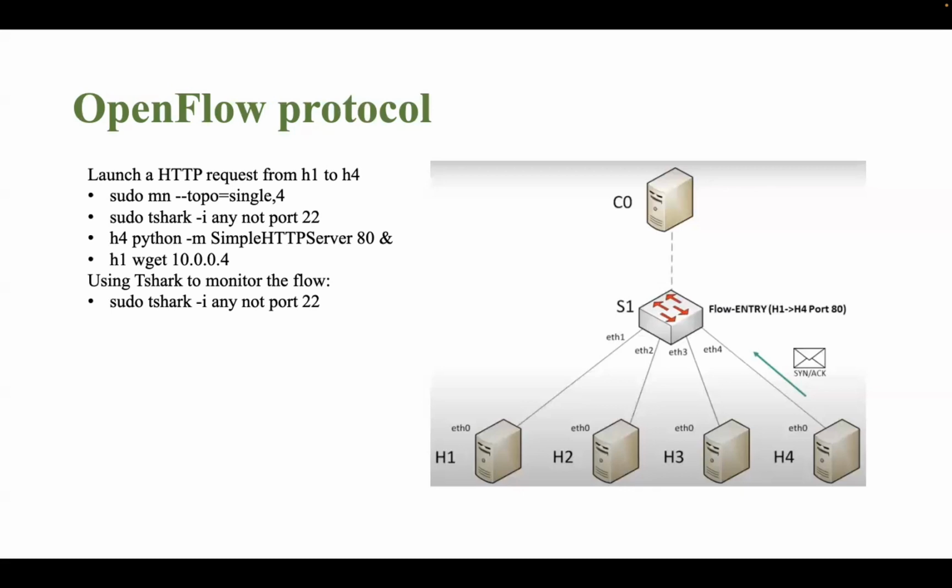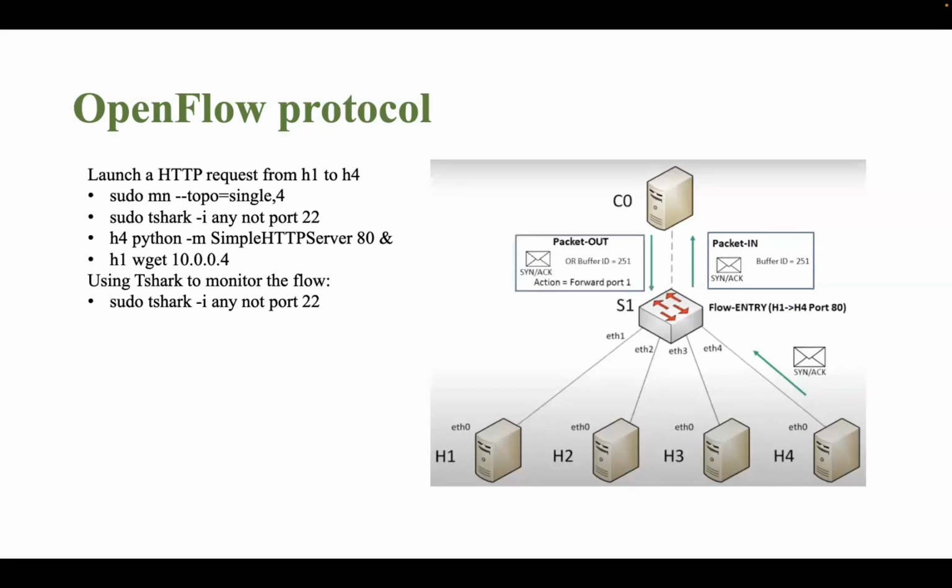And this situation is named table missing. So in the same way, S1 will send a packet in message to the controller, and this packet in message will encapsulate some headers and the buffer ID of this SYN ACK message, which is 251.